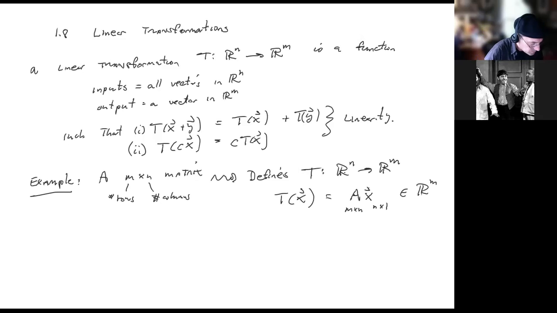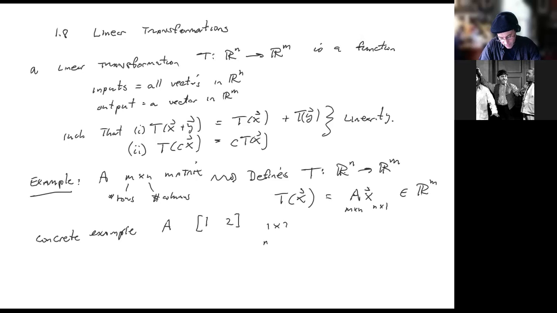Okay. So here's a very, very concrete example. Let A be the 1 by 2 matrix, 1, 2. So therefore, this is 1 by 2. So M is 1 and N is 2. And it's supposed to define T going from Rn, which is R2 in this case, to R1.